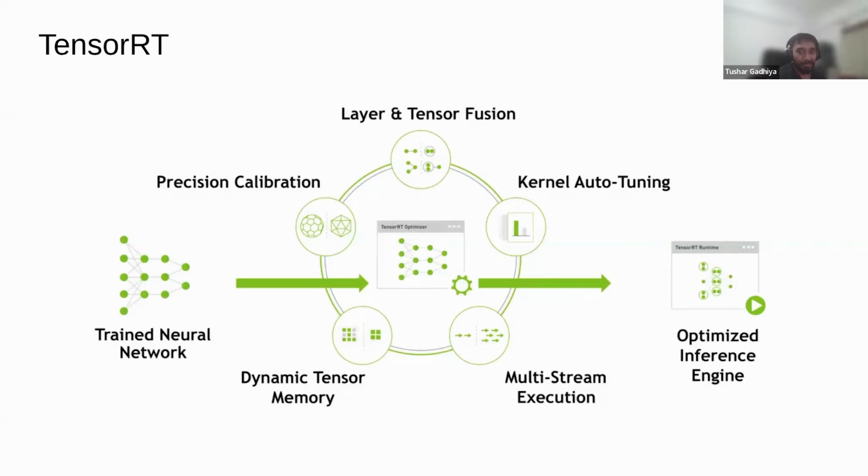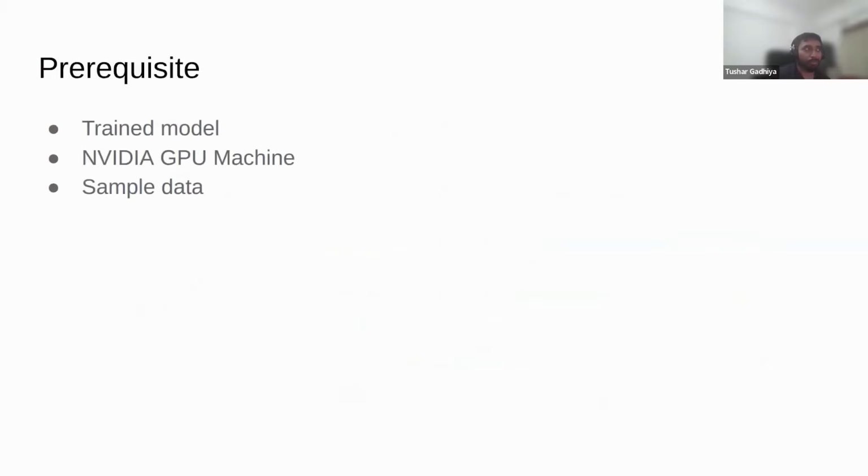It tries to maximize the throughput and minimize the latency on your NVIDIA GPU, and it does this through various optimization tactics such as precision calibration, layer fusion, kernel auto tuning, and a host of other optimizations that we'll be covering today.